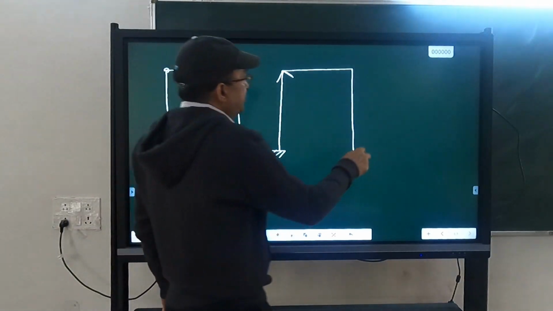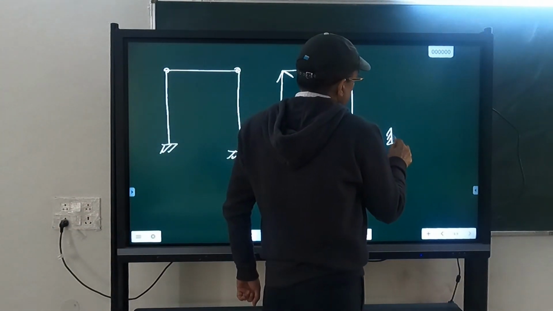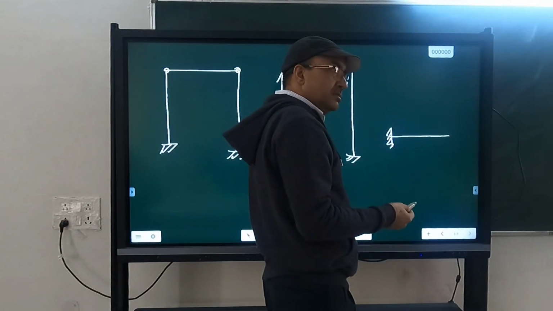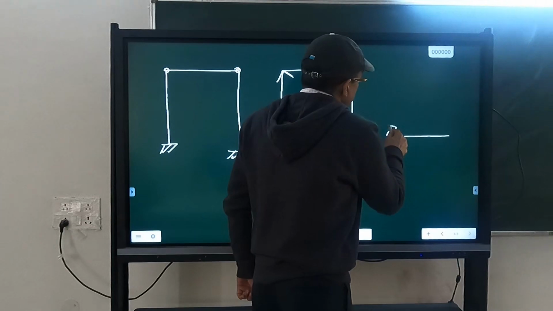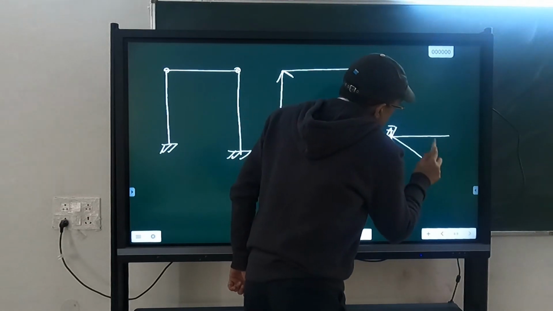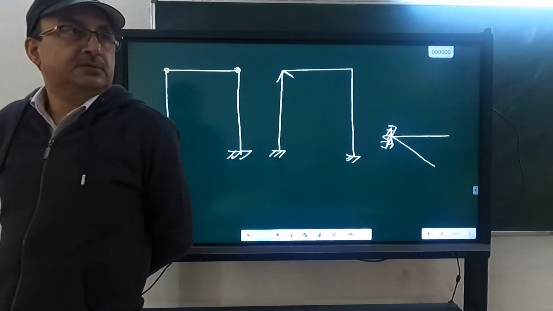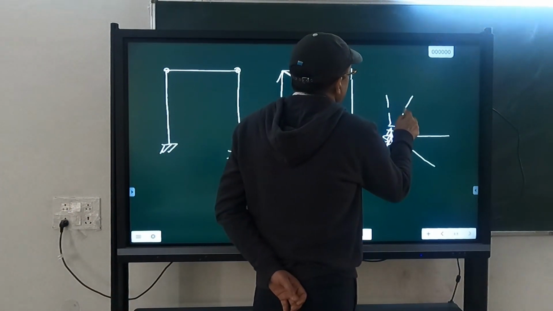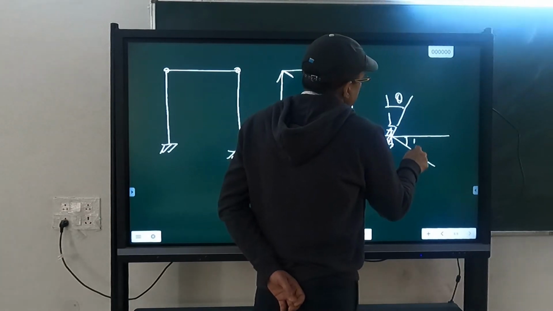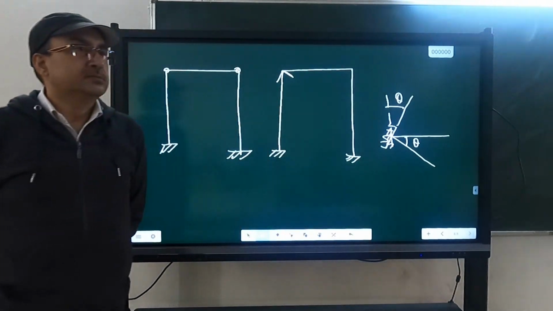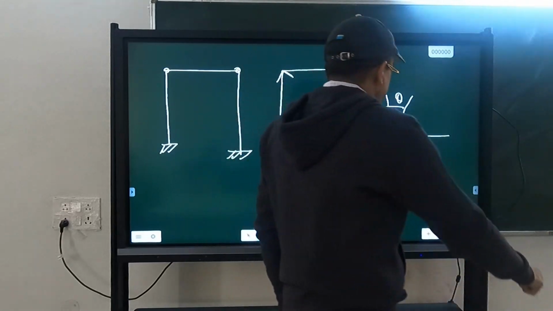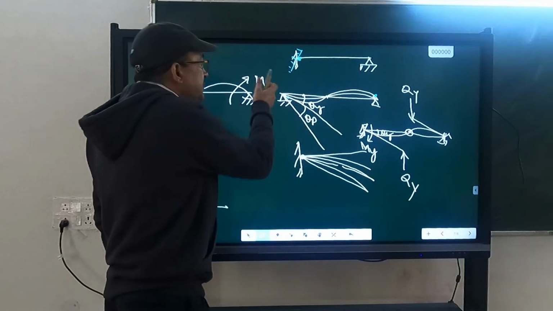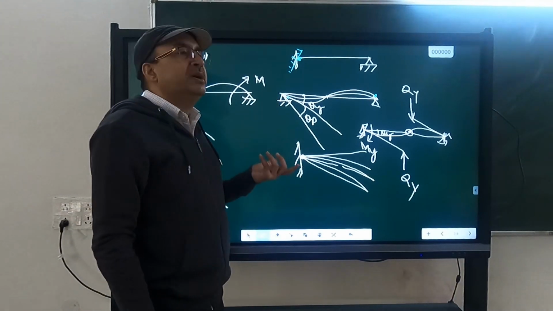Similarly, fixed support of a cantilever doesn't mean that it will remain like this. If due to any reason the support rotates, then the member also has to rotate like this. Whatever this angle is, the same angle has to be there. So that is fixed support. Here what we are doing, we want to apply a rotation or moment here. How can I apply a moment at a free support?